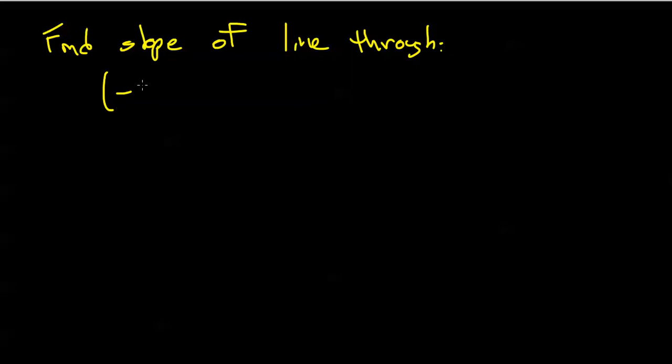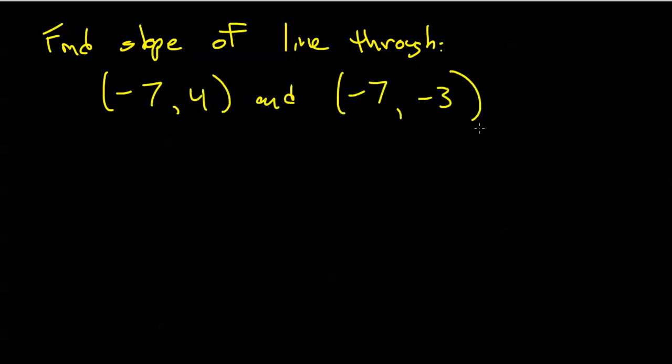Let me try another one. Find the slope of the line through, let's try it, (-7, 4) and (-7, -3). You probably noticed something because I just talked about this last example. These x coordinates are the same, the y coordinates are different.